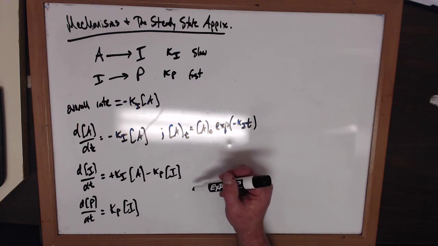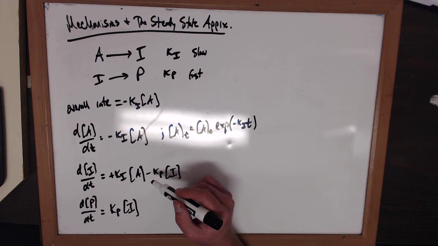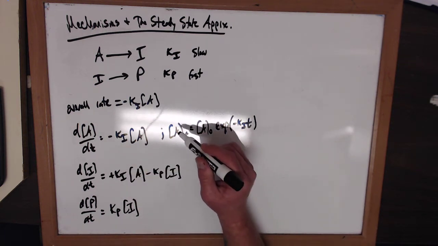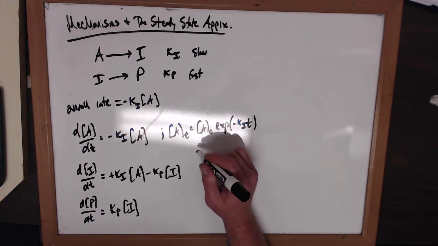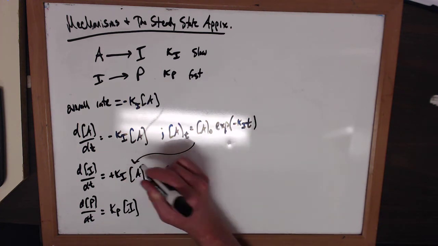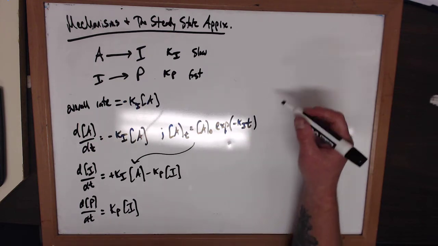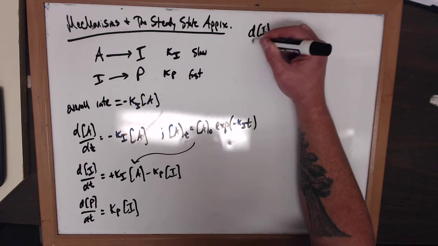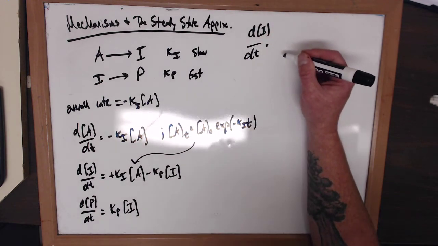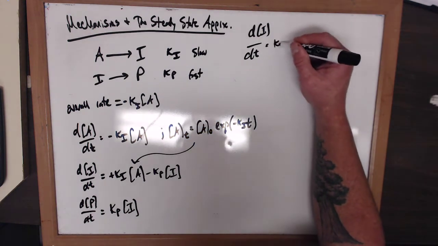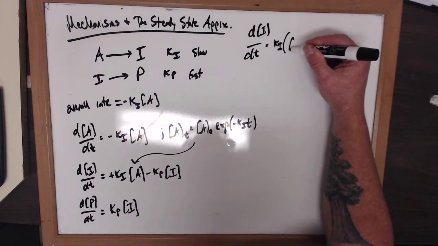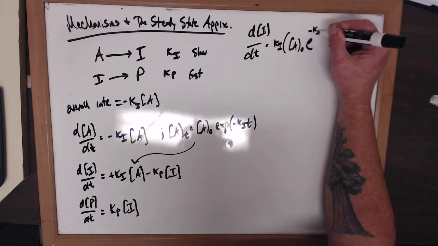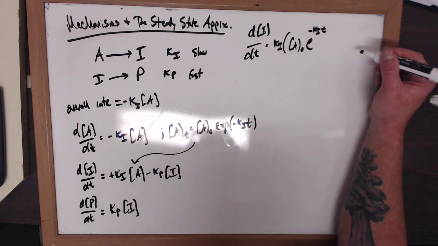Okay, so I'm going to rewrite dI by dt by putting in this expression for A. So we recognize that we can put this expression in here. Okay, and let's write that up here in the top corner. We'll write that as dI by dt, and all of that is going to equal Ki times A initial times this exponential to the negative Ki times t.